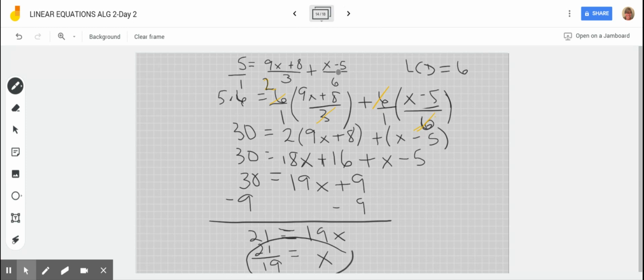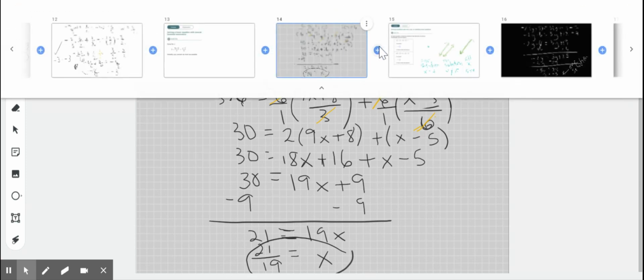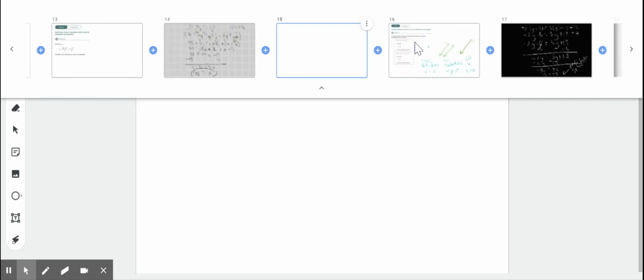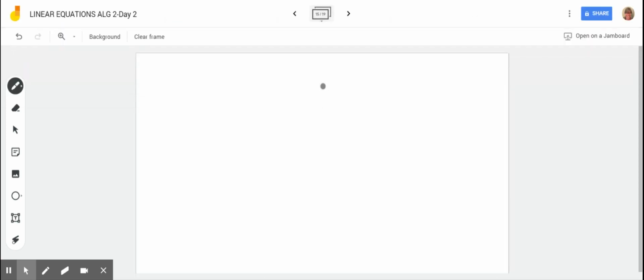Okay. All right, we're going to add a frame. Let me add one in here to work on. Okay. All right, here we go. It was 5 is equal to 9x plus 8 over 3 plus x minus 5 over 6.